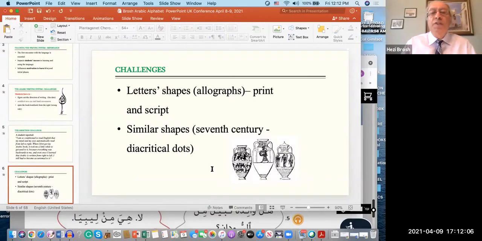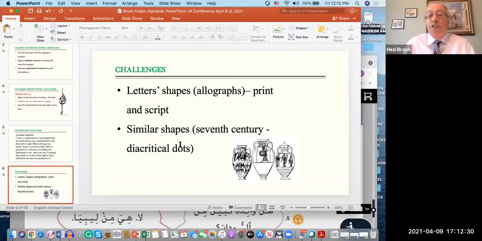Other challenges are the letters' shapes, allographs. And we have shapes not only in script, but also in print, because we read print and we write script. Teachers usually don't feel the pain that the students feel when learning the Arabic writing system, but it's really painful.